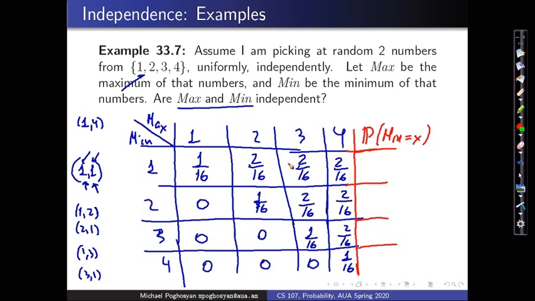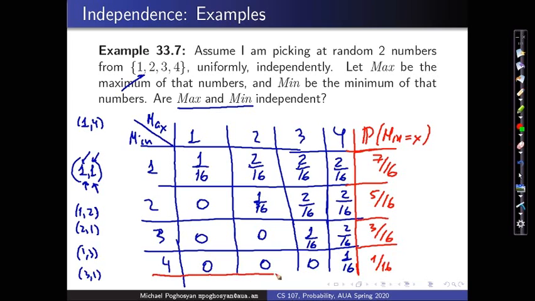So 2, 2, 2, 6, 7 over 16. I'm adding these 4 numbers: 2, 2, 1, 5 over 16. Here I am adding all these numbers and I'm obtaining 3 over 16 and 1 over 16. Something is wrong. Let me erase and write it again. So 1 over 16. Yeah.